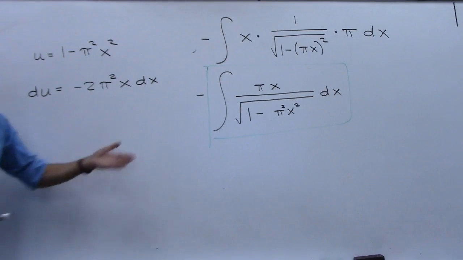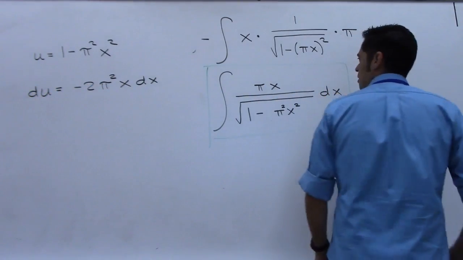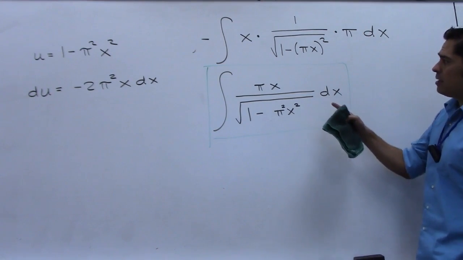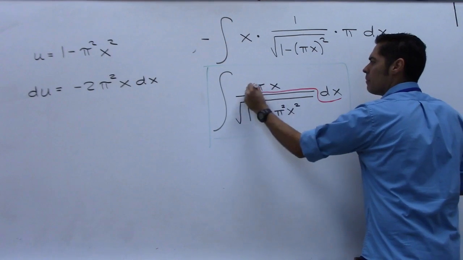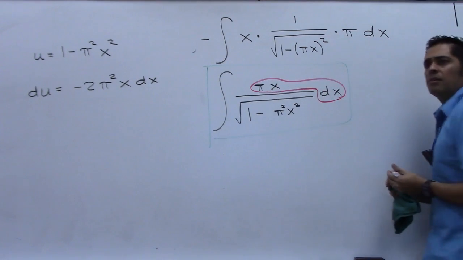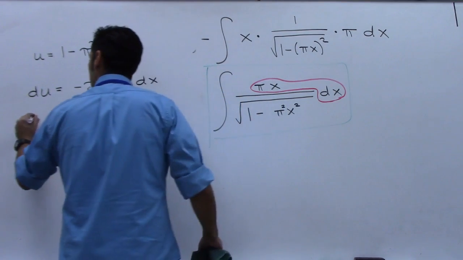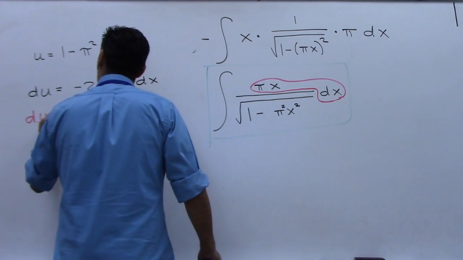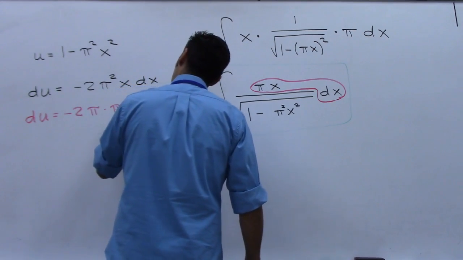Now you look back over at this integral right here and say, do I have that, or can I match anything up? Well, do you see what you do have over here? A pi x dx. So let me rewrite this: du is negative 2 pi times pi x dx.